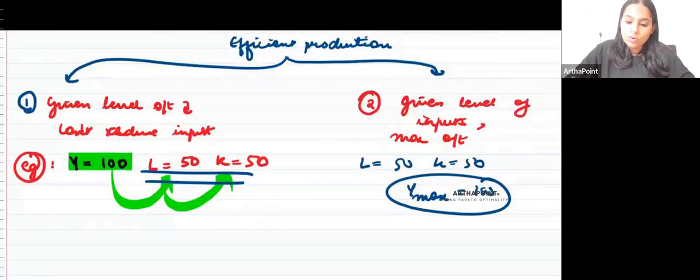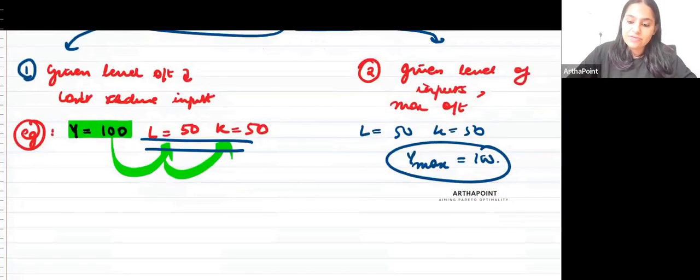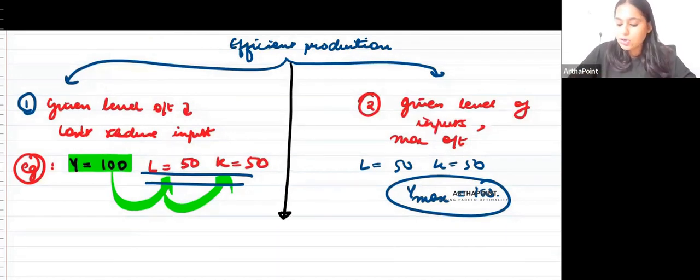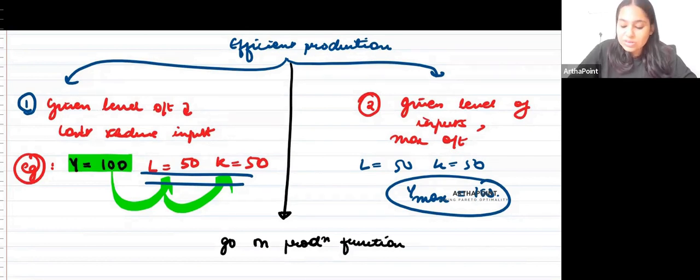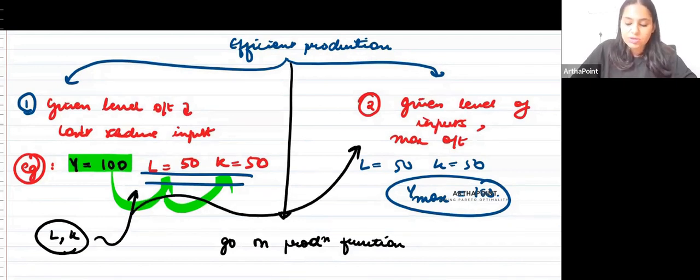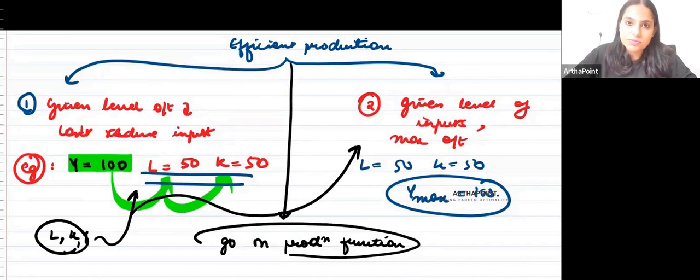And once I know this efficient production, only these efficient production points will go on the production function. So only those L, K, Y combinations which satisfy this or this will go on my production function. Now just think.